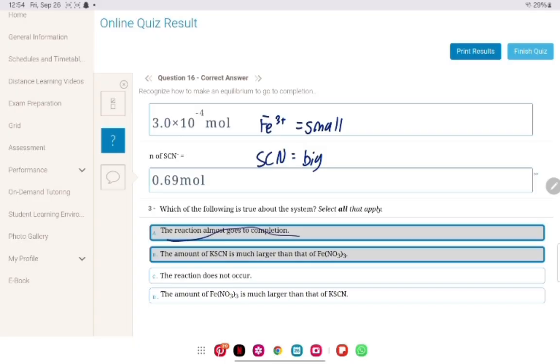So the reaction almost goes to completion. Yeah, and the amount of KSCN is so much larger than that of FeNO3. Yeah, that's correct, because look at the difference. This is 0.69. You move it backwards like 1, 2, 3, 4. So it's gonna be 0.0003. So that's why it's so much smaller. And the reaction does not occur, it does occur. We just said that this is the answer, not this.